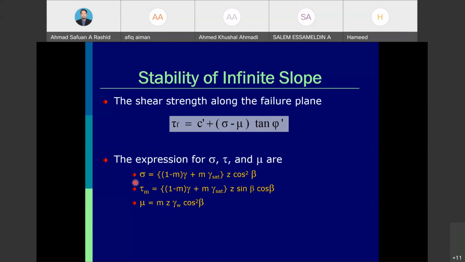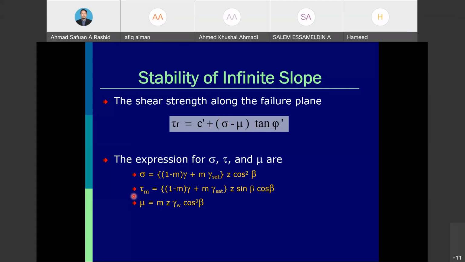So this is the sigma. From there, we may put it inside this equation later on, or we can make our own calculation and then put it inside this equation.